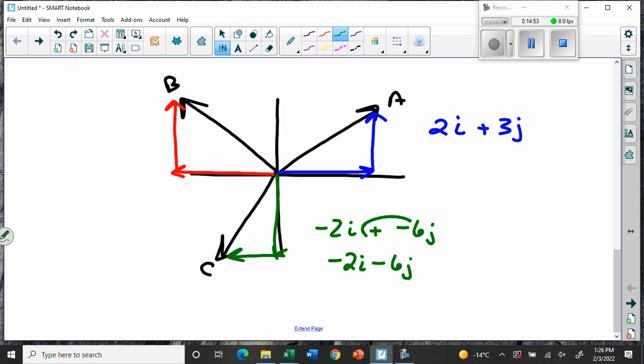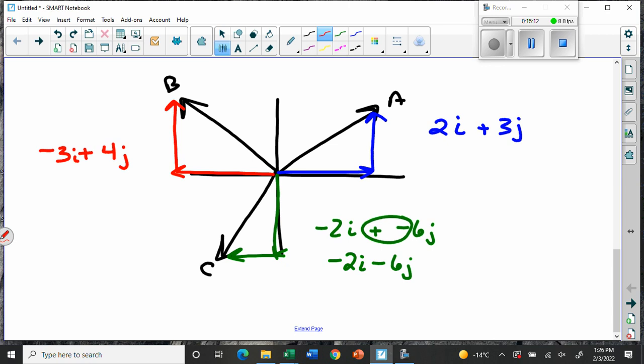We would combine those two to make a minus. And then over here on the red, the x looks like about a negative 3 and maybe a plus 4. So negative 3i plus 4j. And those are the components.